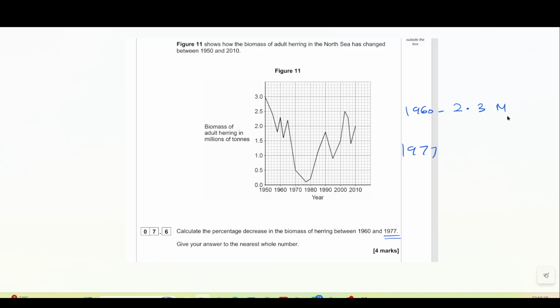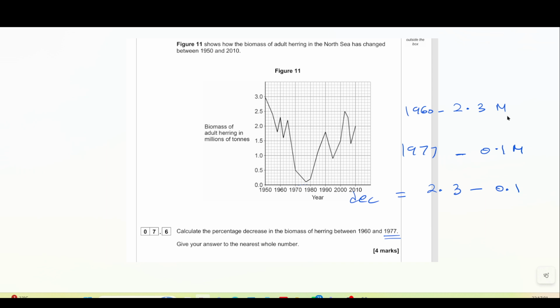Okay, I think it is zero point 0.1 million. So 1977 equals 0.1 million, which is 100,000. So keep it the same.